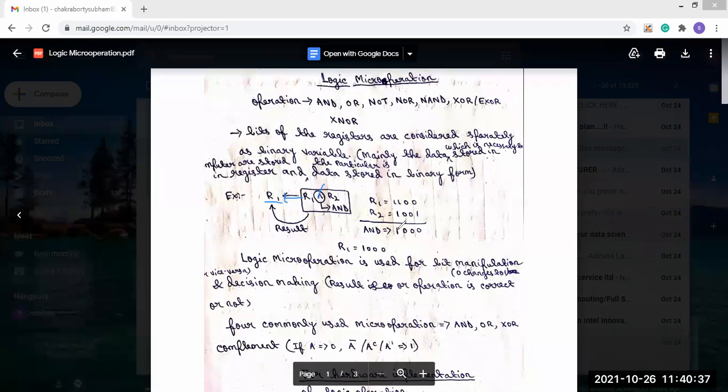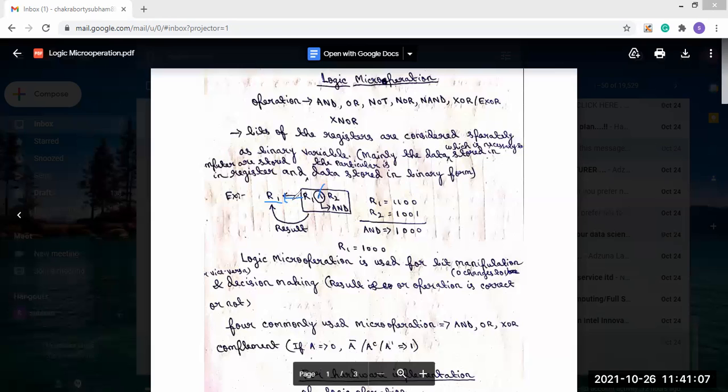So after performing the AND operation, the result we get is 1000, and it is stored in R1.